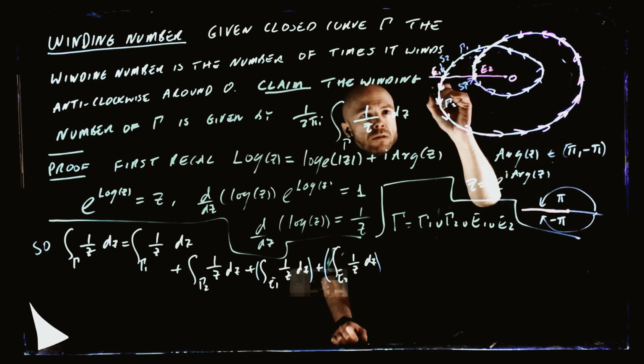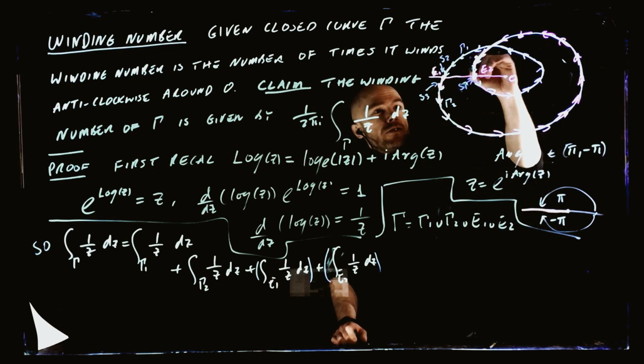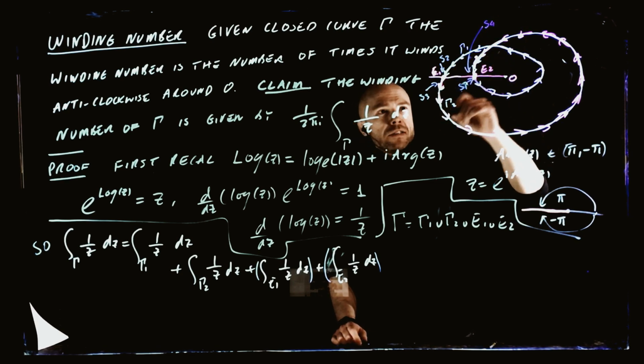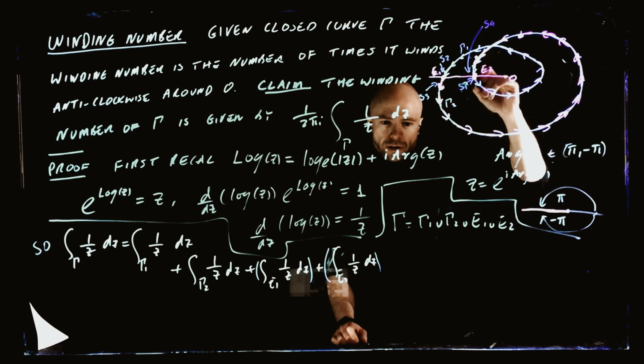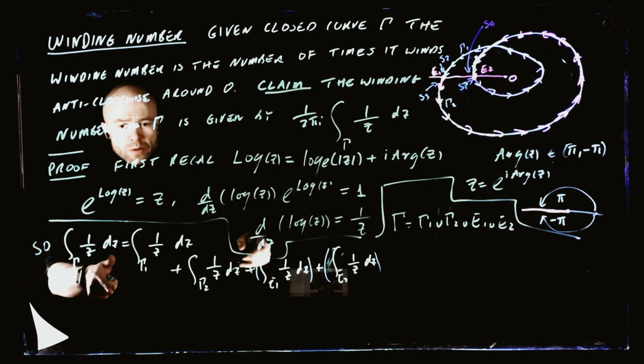And then gamma 2 starts somewhere here. Where it starts is S3, and where it ends is S4 over here. And S2 and S3 are very close together, and S4 and S1 are very close together. And then we can parameterize gamma 1 any way we like.